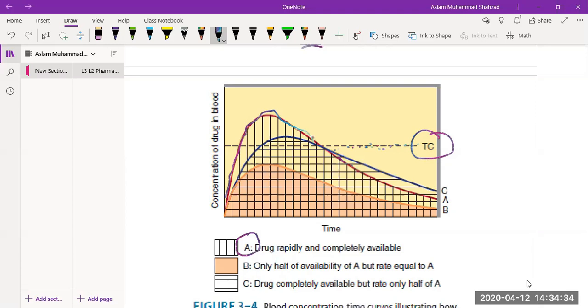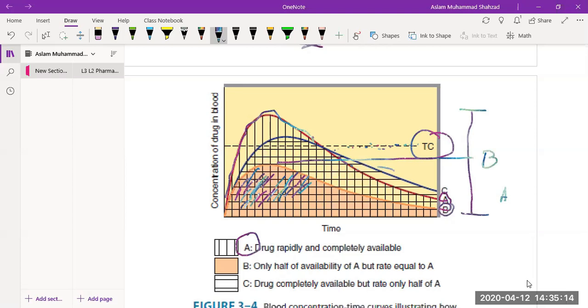In B, if you see, only half of the availability of A. When you compare this diagram with B, in this section, you can find out that there is half of the availability of the drug as compared to A. This is A, and when you see this B graph, it is just like half.